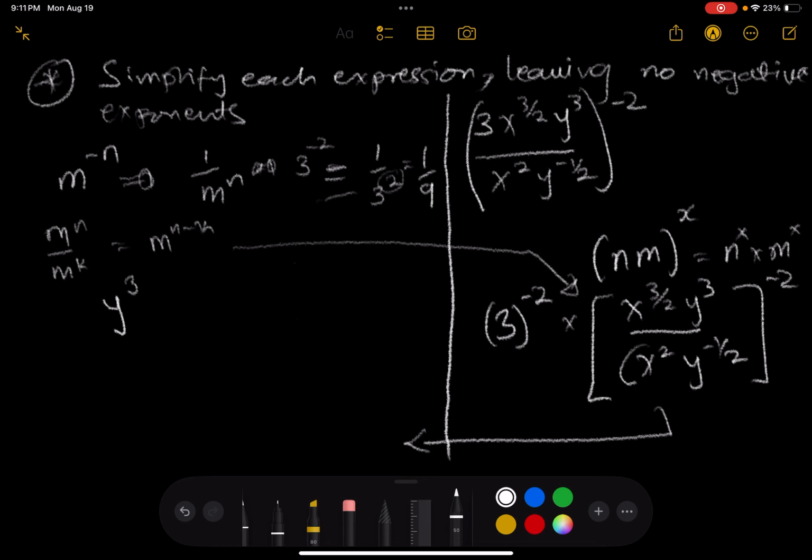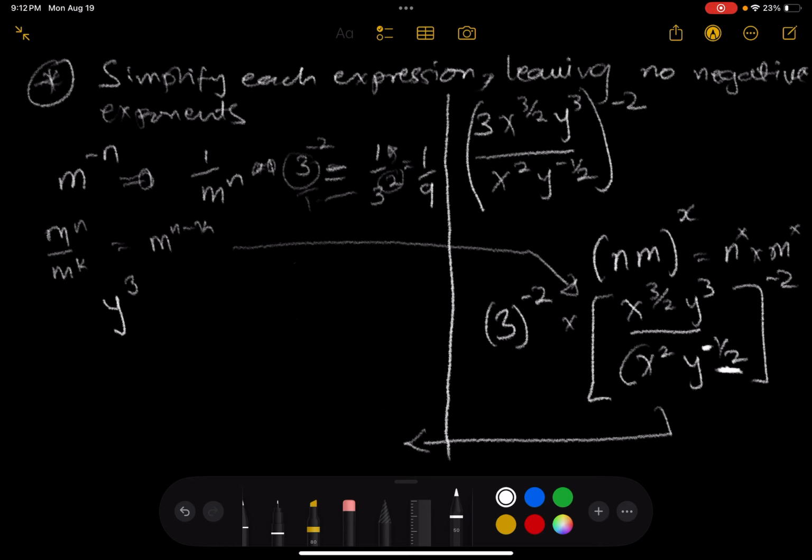Here it was over 1, so 3 to the minus 2, this whole thing over 1, and now once the 3 crosses to below to become a denominator, that power becomes positive. It's the same thing if this 3 goes up, that power becomes negative. So here in this particular case for y, you are taking this number right here up. So what's going to happen to this negative? It's going to go away, right? Why is it going to go away? Remember what we said here.